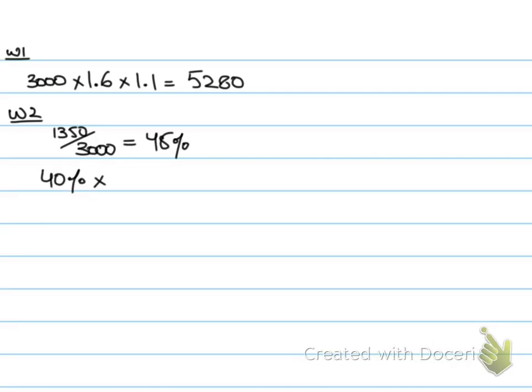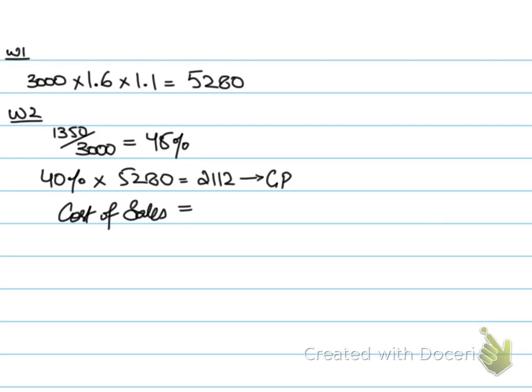So 40% of 5280 gives me 2112. This is my gross profit. Now that I know my gross profit, I can calculate my cost of sales, which is 5280 minus 2112, so this will be 3168.